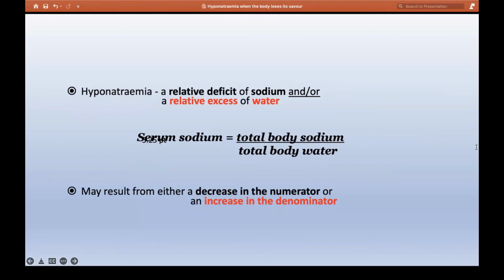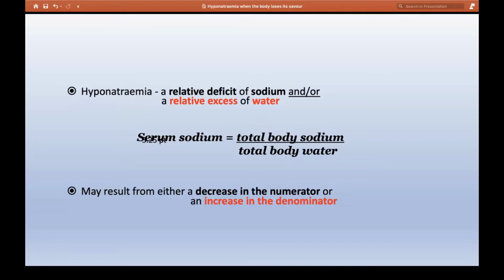So hyponatremia can be present because of a relative deficit of sodium with or without a relative excess of water. When there is low sodium, it's hyponatremia, which can come along with or without an excess of water.